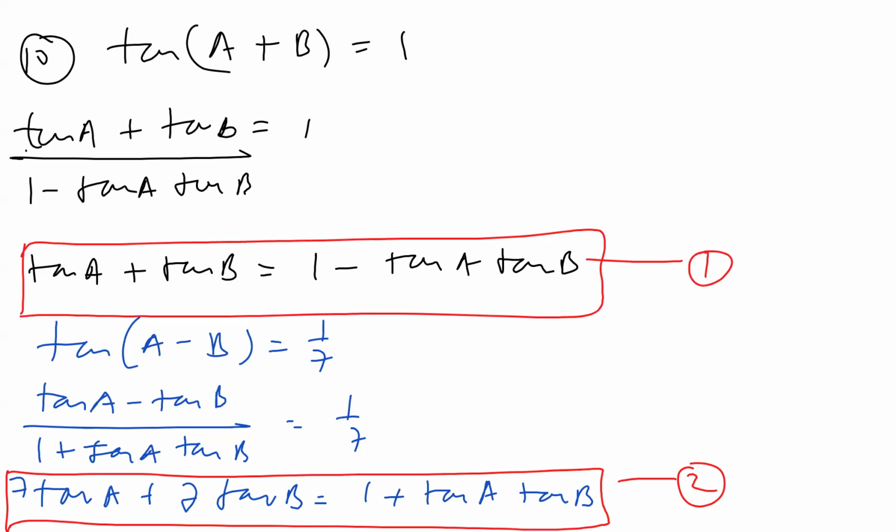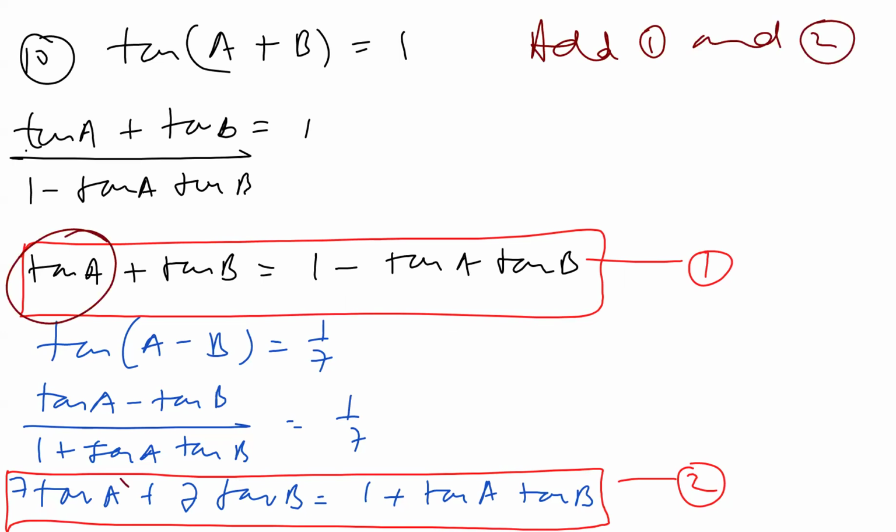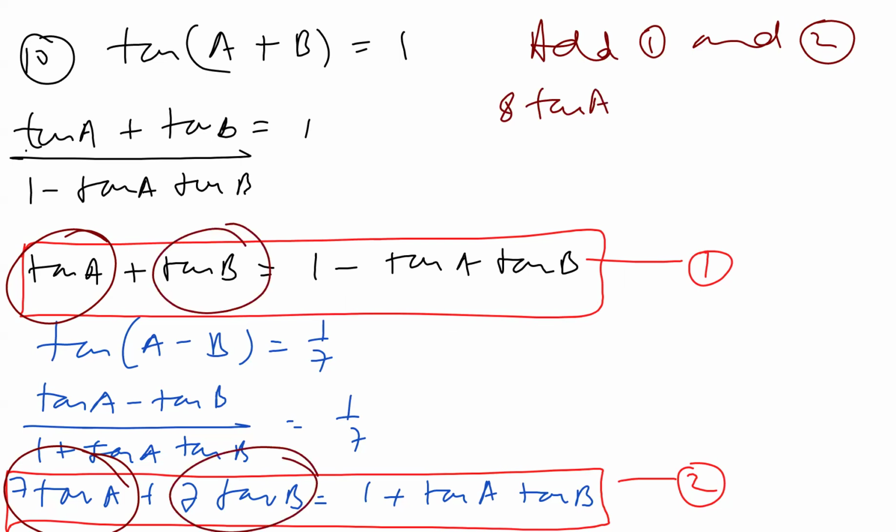So when we add 1 and 2, tan A plus 7 tan A is 8 tan A. Tan B minus 7 tan B, this was supposed to be minus, sorry, is equal to minus 6 tan B, and this term is gone. 1 plus 1 is 2.